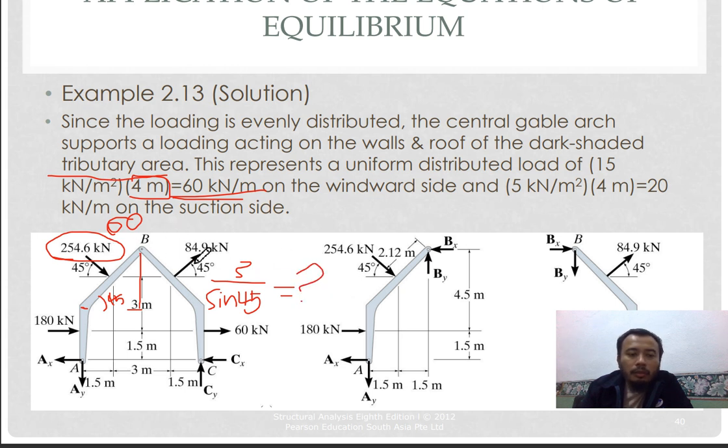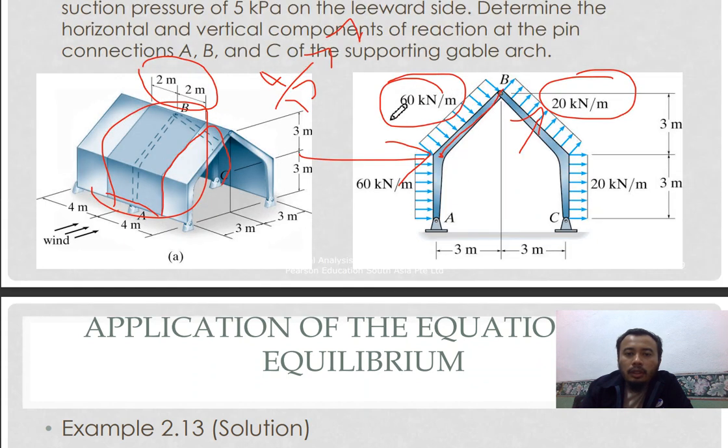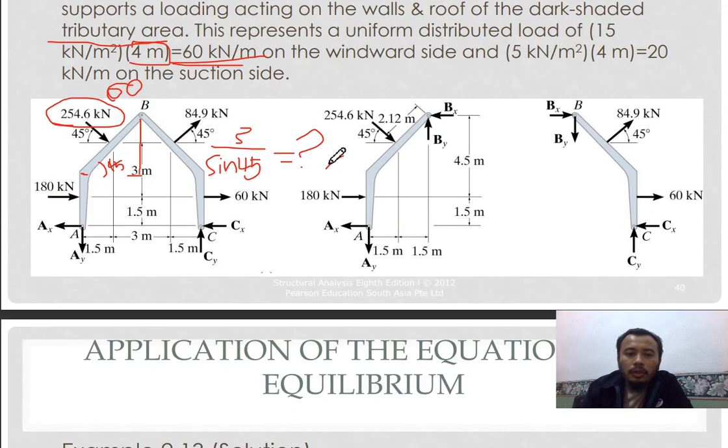Then you multiply with your 60 kilonewton per meter, and you get this value, 254.6 kilonewton. This can be repeated for the other members, but the most complex one is this section.